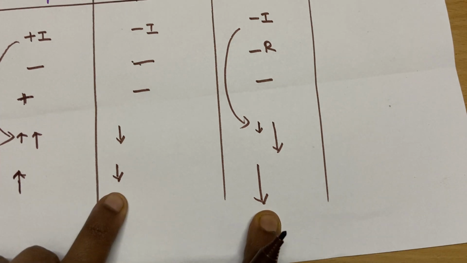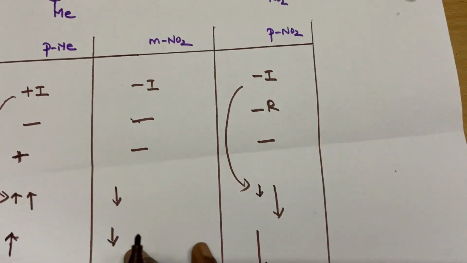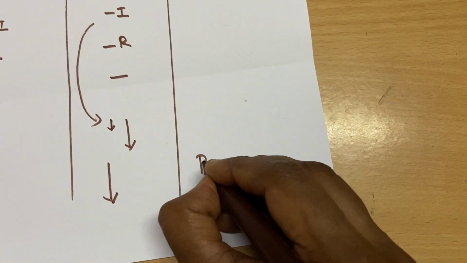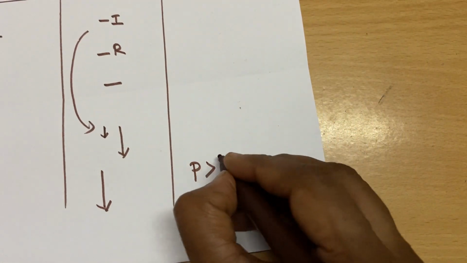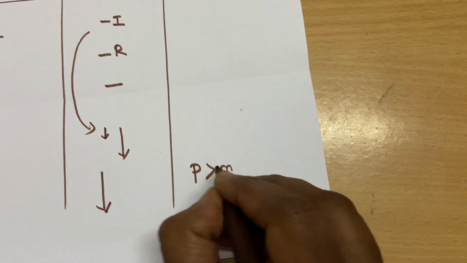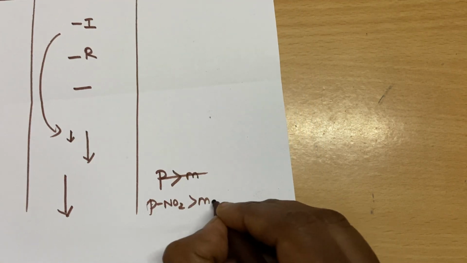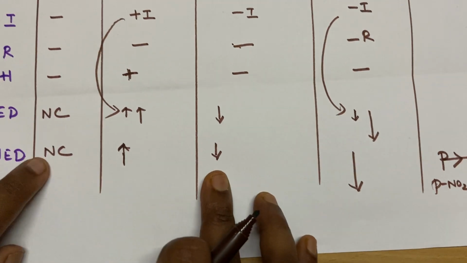A little decrease, increase. This is no change, right? So for para nitro, acidity will be more because it has decreased considerably. Then comes your metanitro, and it is increasing but no change in phenol.